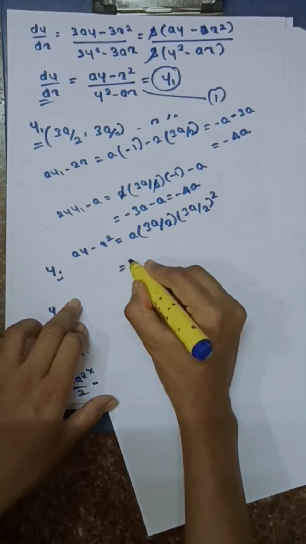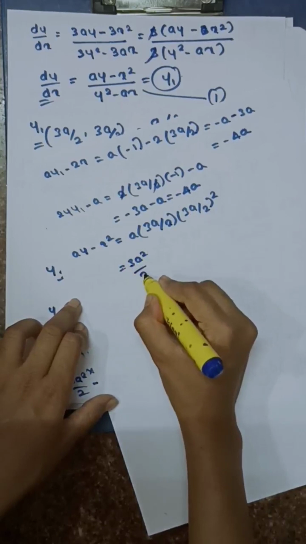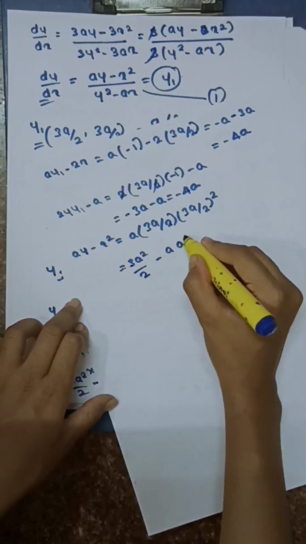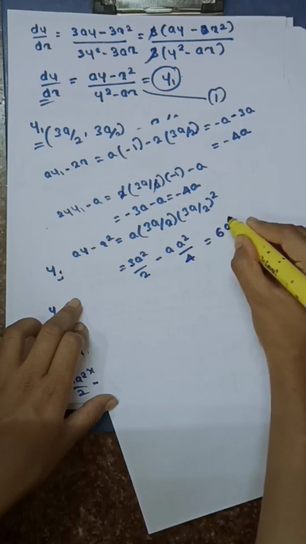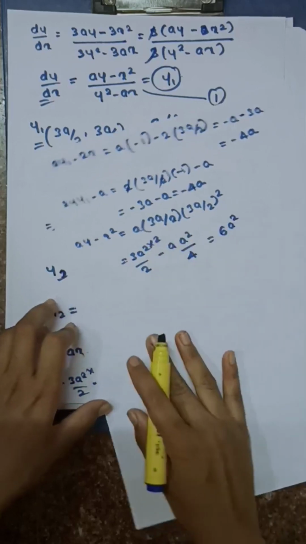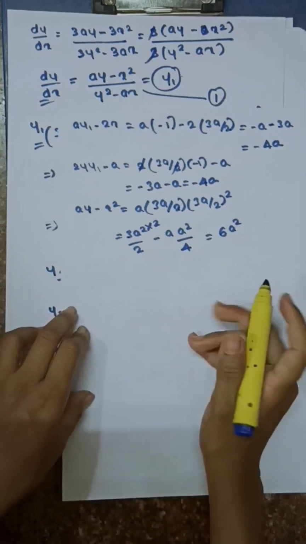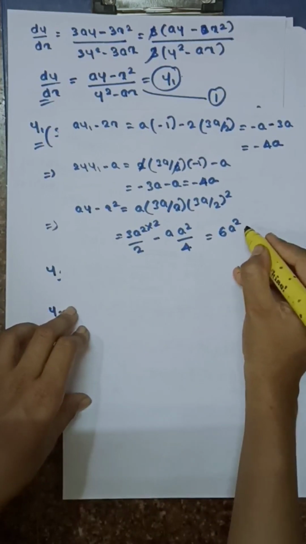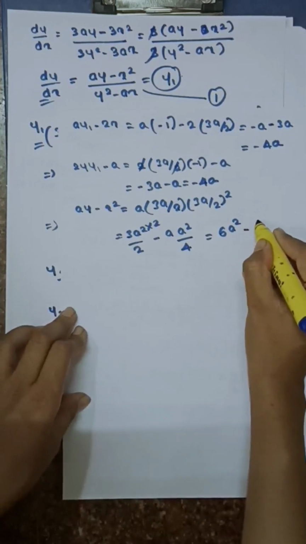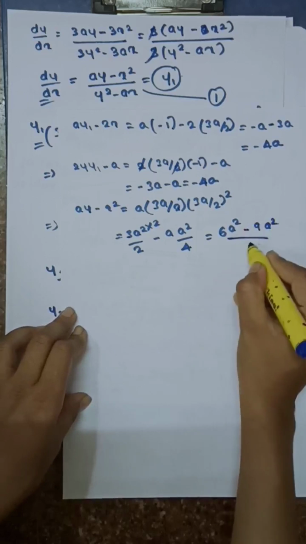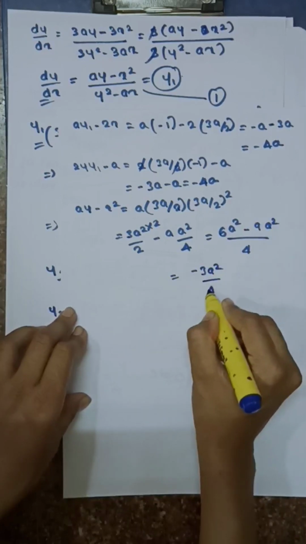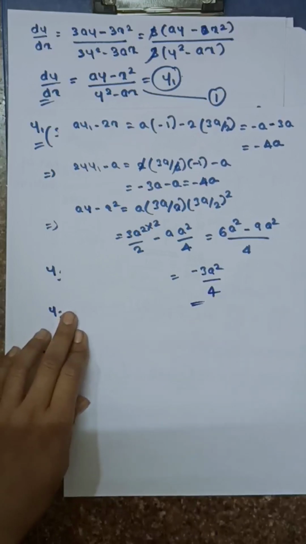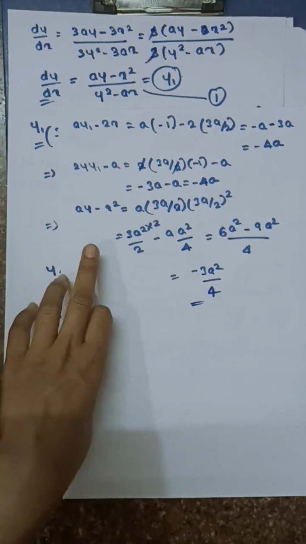This equals to 3a square by 2 minus 9a square by 4 equals to 6a square. Multiply by 2, I'll take the LCM. 6a square minus 9a square by 4. Final answer is minus 3a square by 4. So this is the value which we get for ay minus x square.